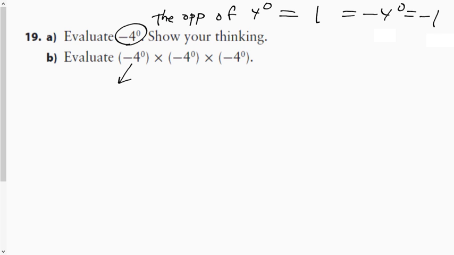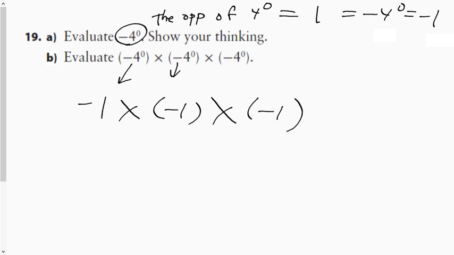Is this negative 4 base, or is this the opposite of 4 to the 0? It is the opposite of 4 to the 0, and I know that because my exponent of 0, Abby, is not outside the brackets. So this will be a negative 1. What will this be? Also a negative 1. And this will be a negative 1. The product of those three together is still a negative 1.